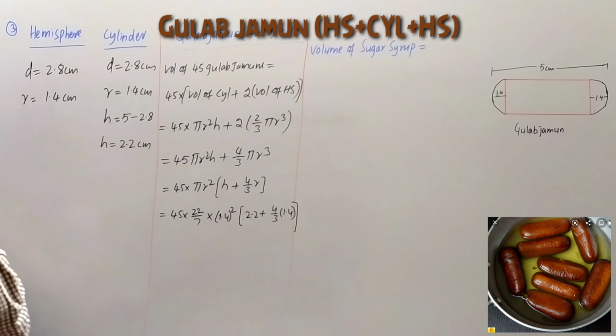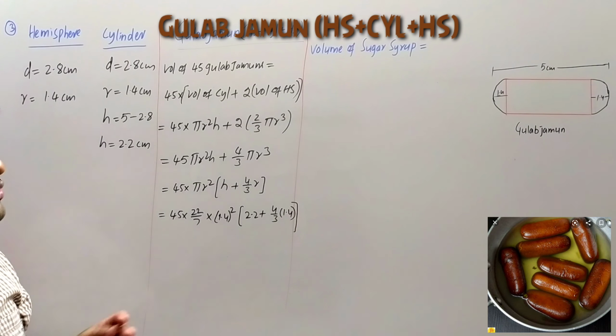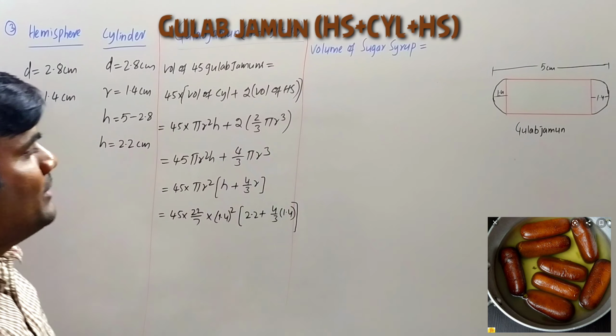So simplification is not required. Finally, we need to find the volume of how much sugar syrup we need to add to the gulab jamuns.